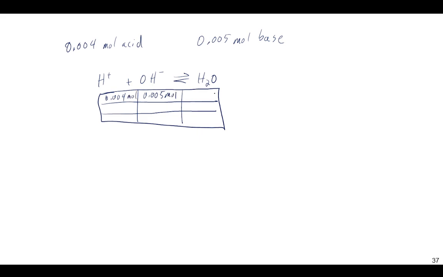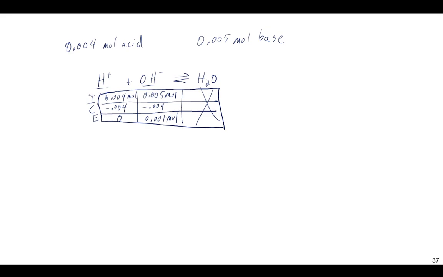Working with moles in my ice chart, always in these titration problems. And then I look at 0.004 and 0.005. The acid is less, so that is what's going to get completely consumed. In other words, go to 0 at equilibrium. Therefore, the change is minus 0.004. It's a 1-to-1 ratio between my acid and base, so my base will be going down by that same amount. And so that'll leave me with 0.001 moles of base.